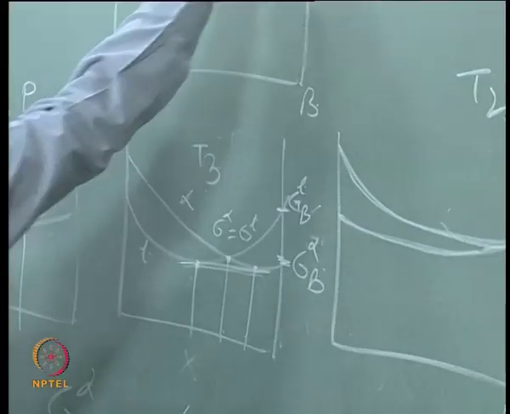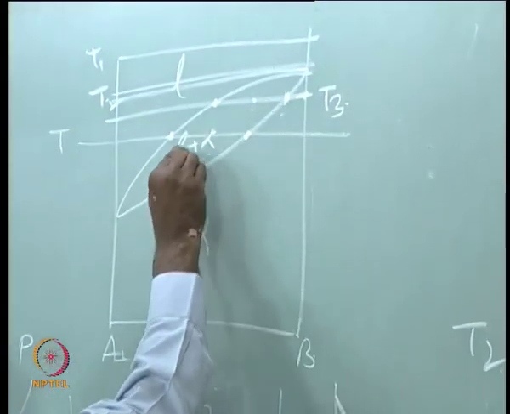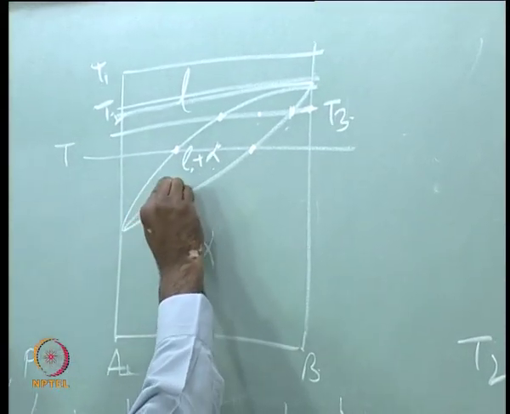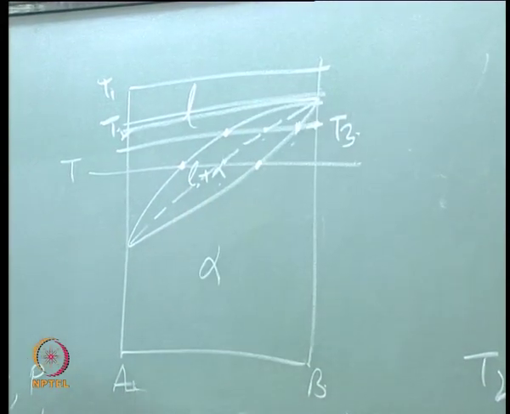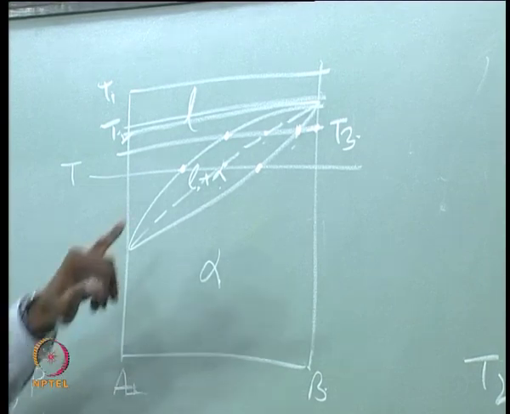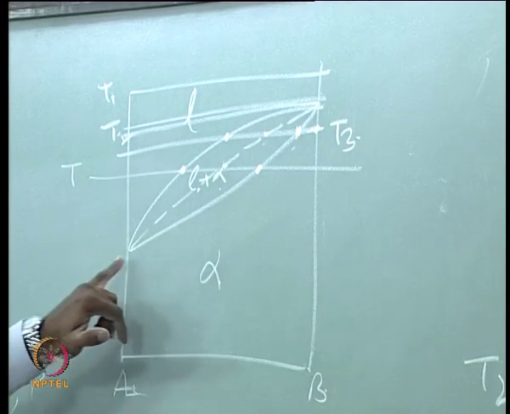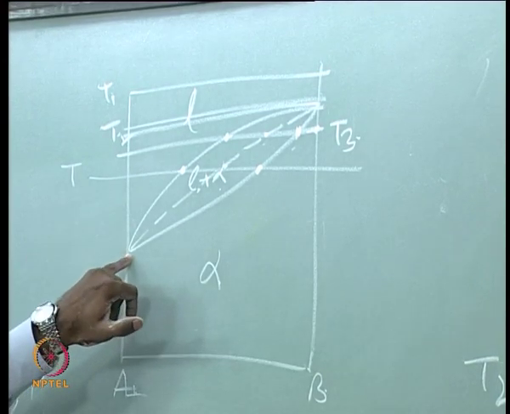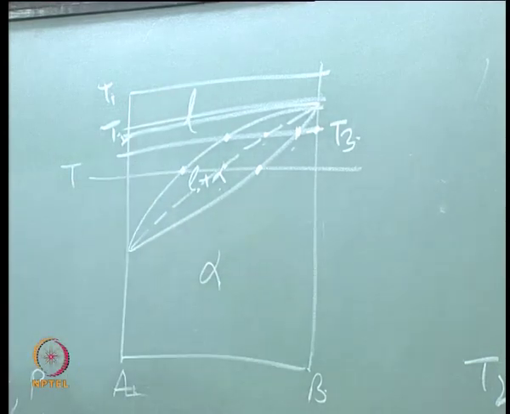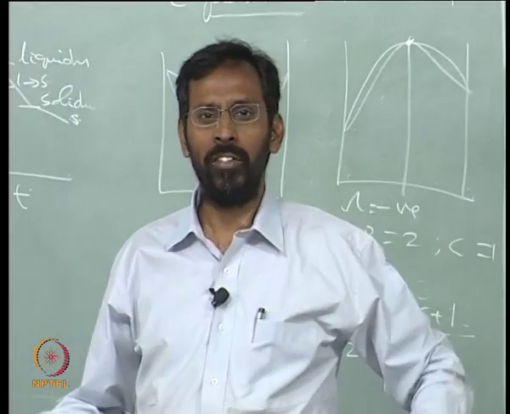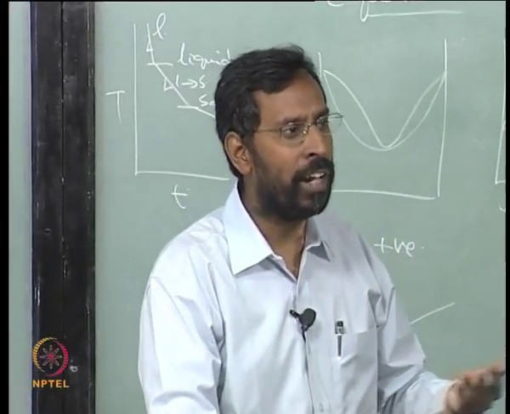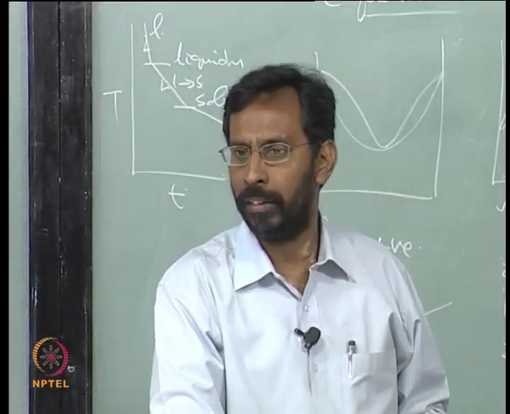And so that means you would get points like this, which if I join, you would get a curve like this, which goes like this, and on the 2 pure metal ends, this point will join with the melting point, because for the 2 pure metals, the definition of melting point itself is that the free energy of alpha is equal to the free energy of liquid.